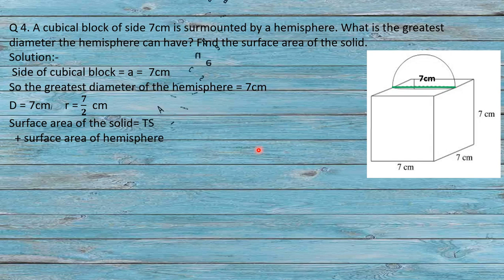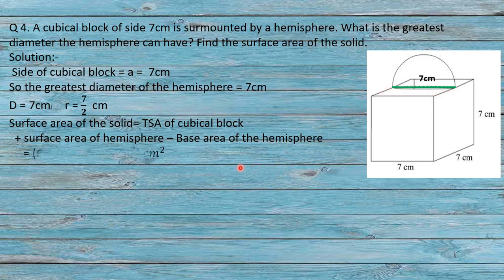Now the surface area of this solid, which is the combination of the cube and the hemisphere on the top, is the total surface area of the cubical box plus the surface area of the hemisphere, minus the base area of this hemisphere, as the base area of this hemisphere is not considered.